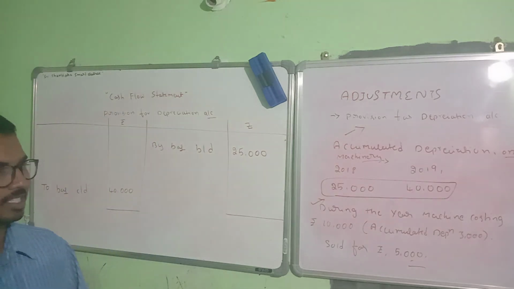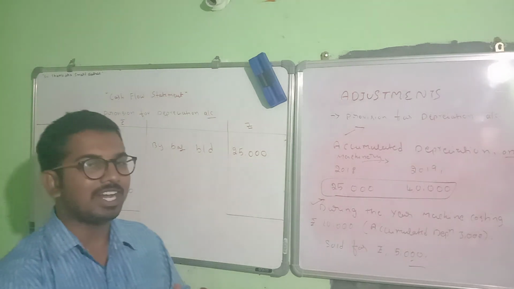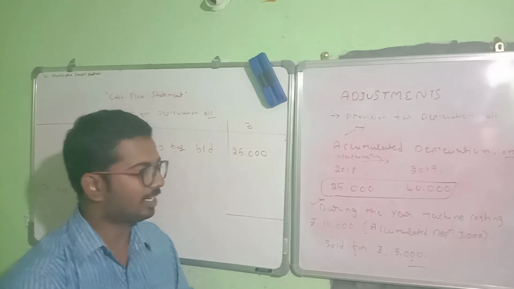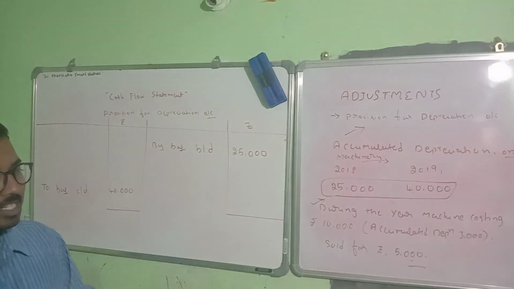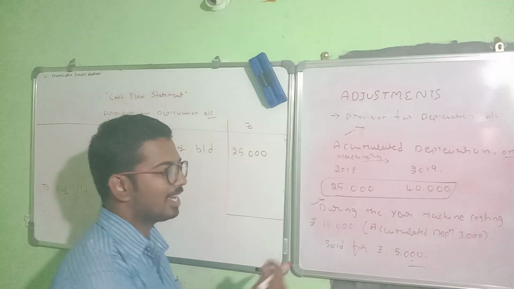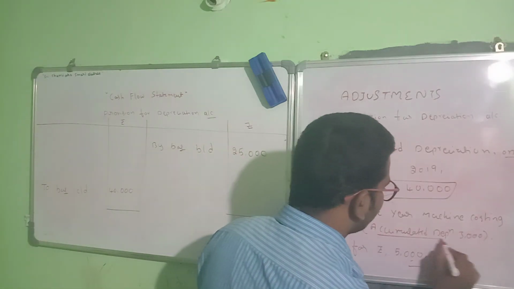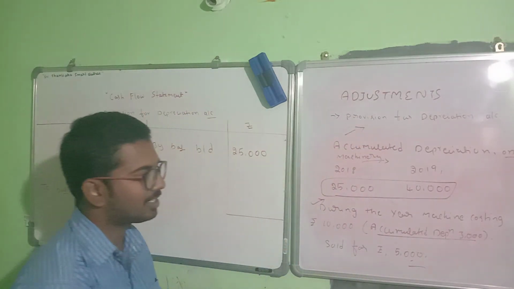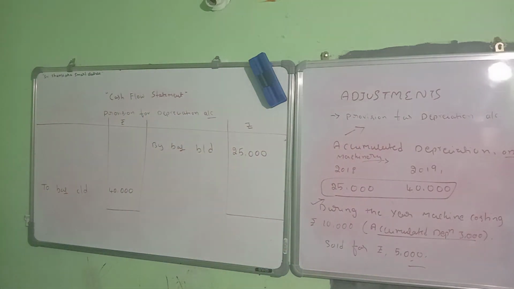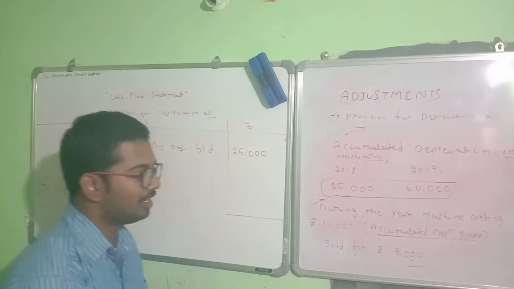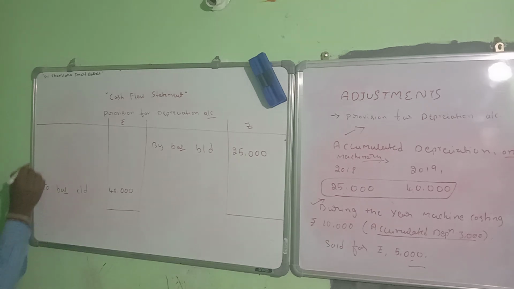Accumulated depreciation means, till the sale of the machinery, how much depreciation they charged; that is what we call accumulated depreciation. So in the question they have clearly given accumulated depreciation is 3,000. So we should charge depreciation on the sold part of the machinery, so that we should charge under the debit side.